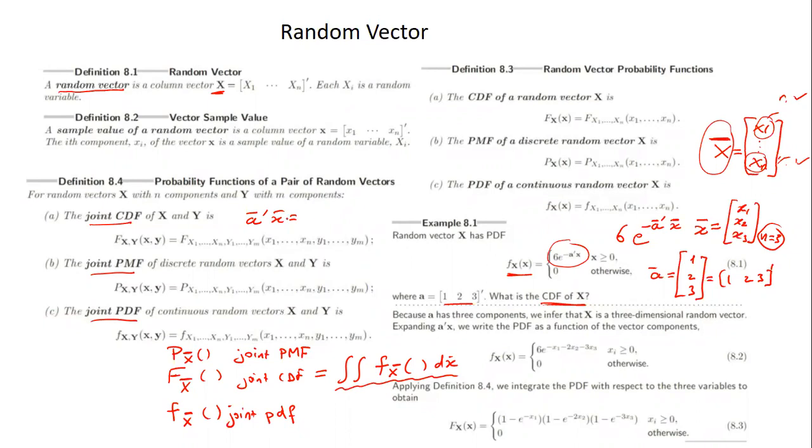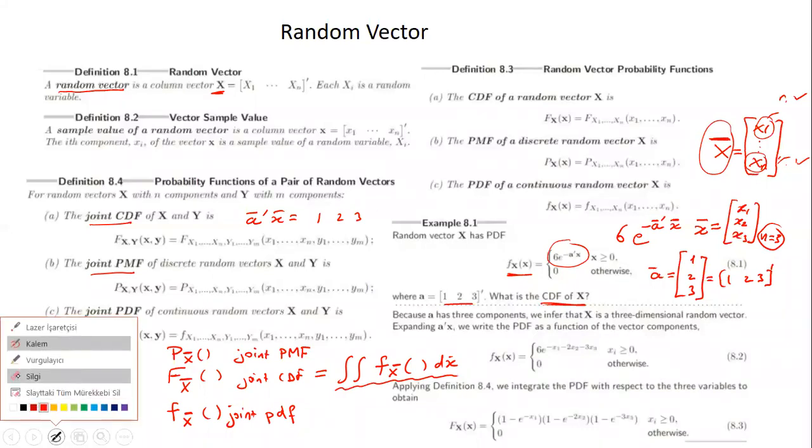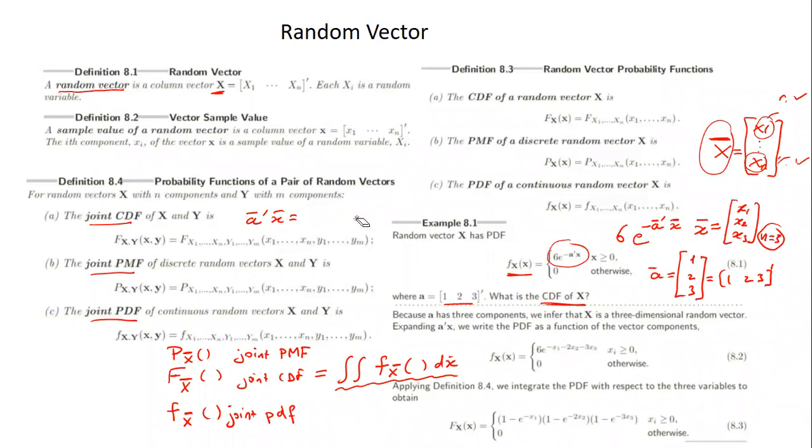Okay, so A transpose is 1, 2, 3. I'm sure that's correct, right? As A transpose.